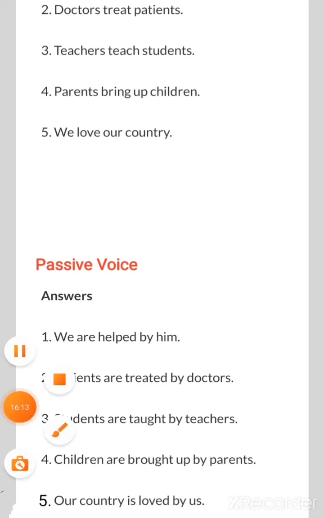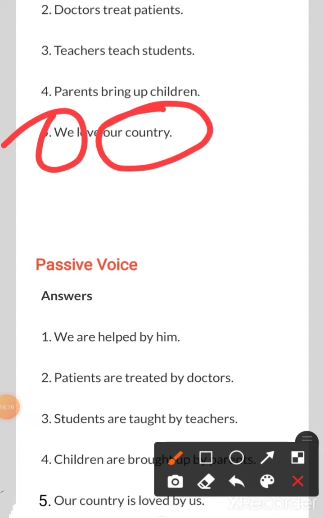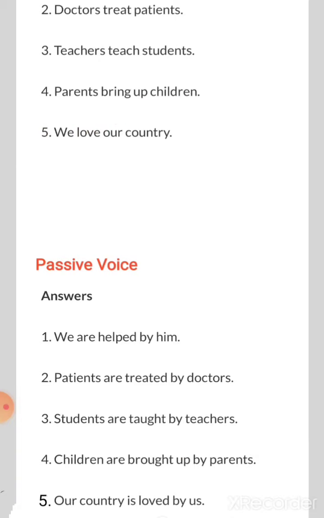Here you can see the same thing, we is the subject, our country is the object. So our country is loved by us. Our country is singular in number, so that is why is. After that, the third form of love is loved, then by, and we becomes us. So our country is loved by us.